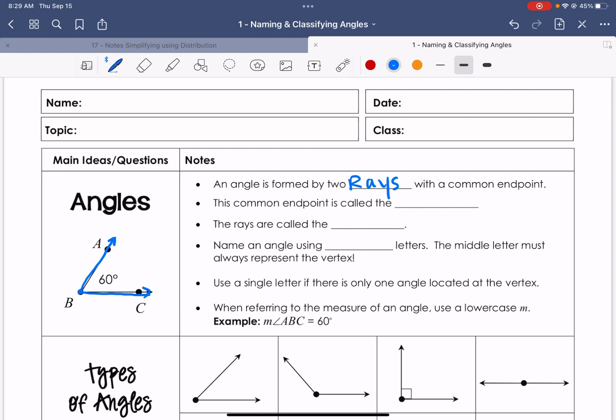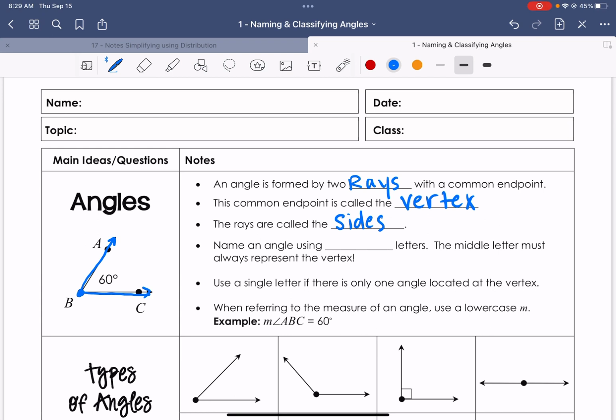That common endpoint, B, that they have in common is called the vertex. Hopefully some of this is familiar from middle school. The rays are called the sides of the angles. Okay, hopefully that kind of makes sense.